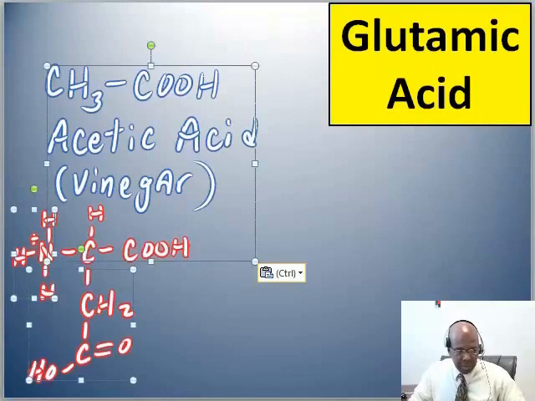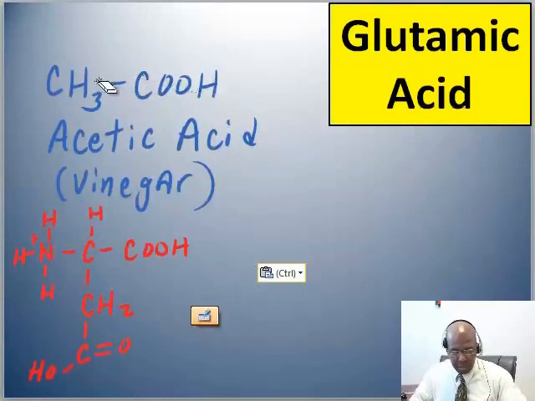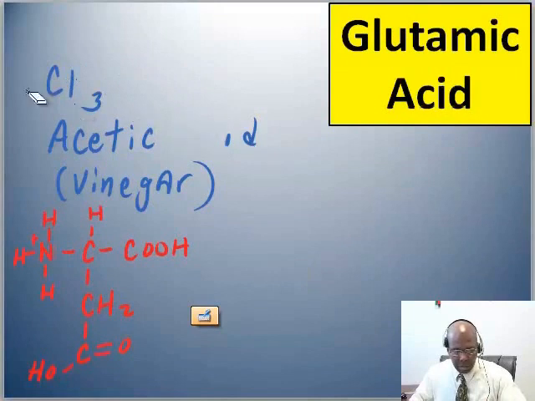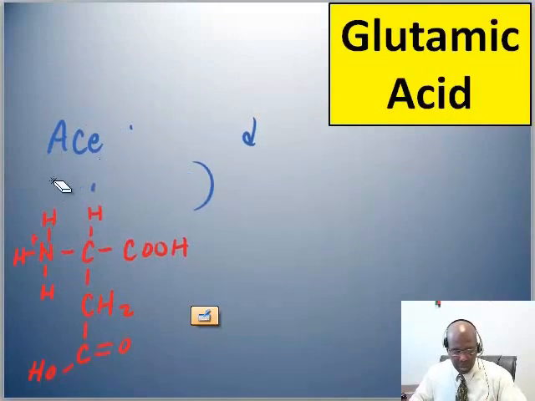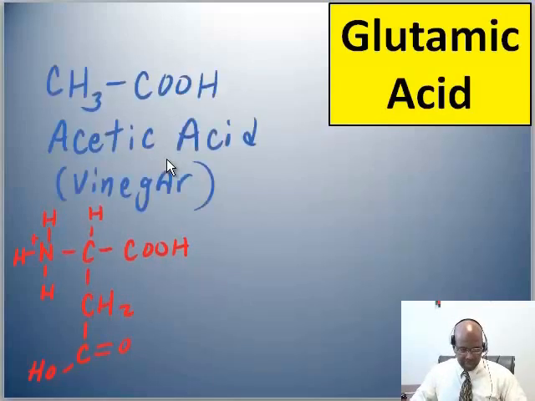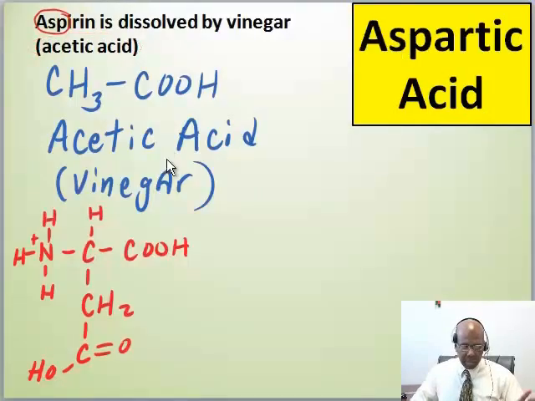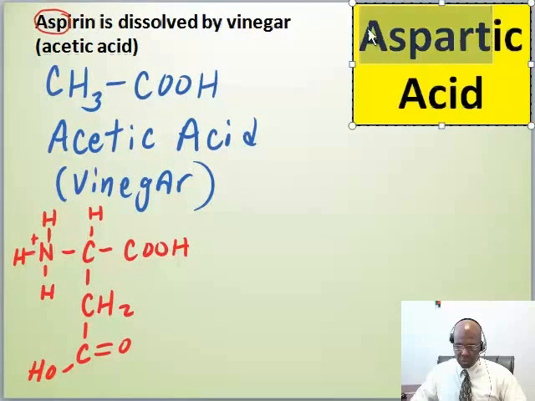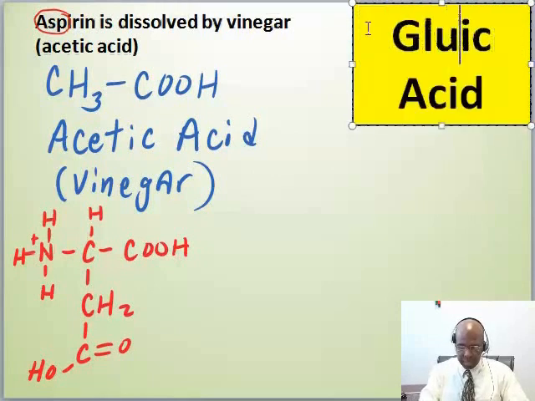Now I'm going to erase everything I don't want. It would actually be better, I'm going to undo all of that. And I'm just going to copy this, Control D, make a copy of this. So I'm going to change this now to glutamic acid.